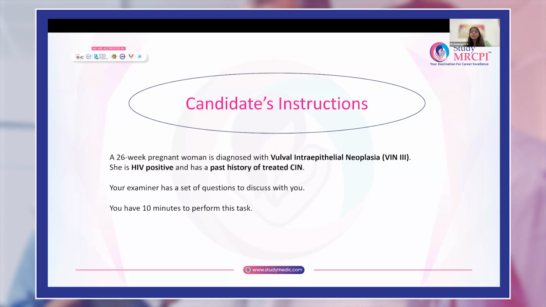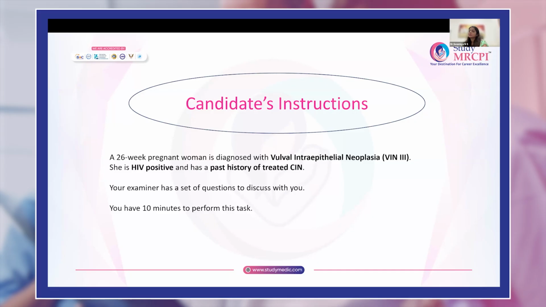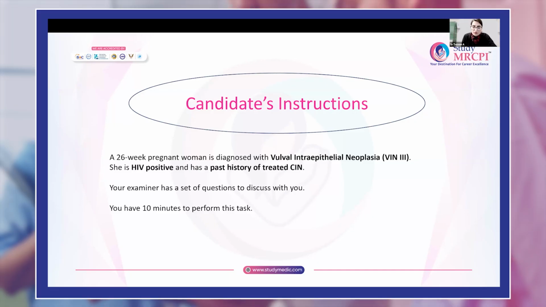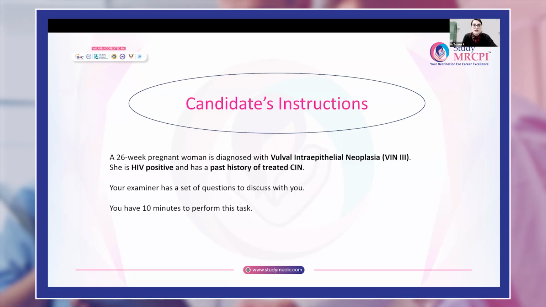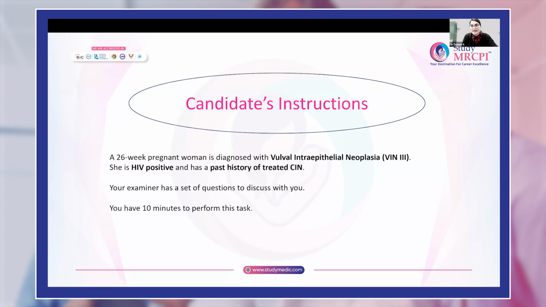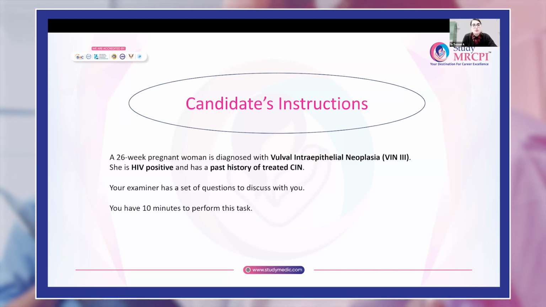Okay. So what additional history would you like to take for her? First of all, I would inquire regarding her symptoms, such as vulval pain: what exactly is the site of the pain, and since how long she has had this pain.